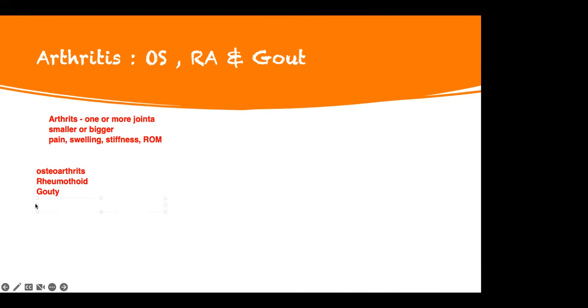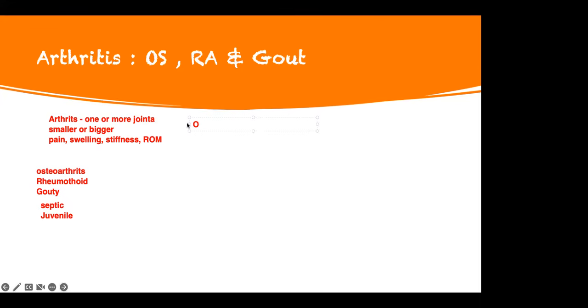Okay. You can have septic, just infection of the joint. And there's arthritis you find in kids, they call it juvenile. It's the same thing as rheumatoid, the same thing. Any other joint, but it's specifically for young kids. So these are the few ones you should know.